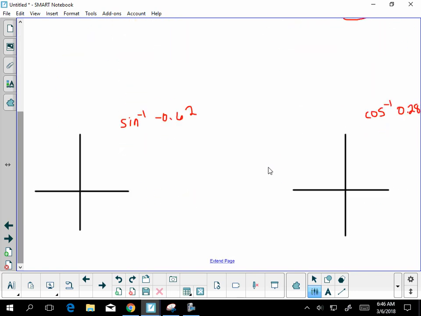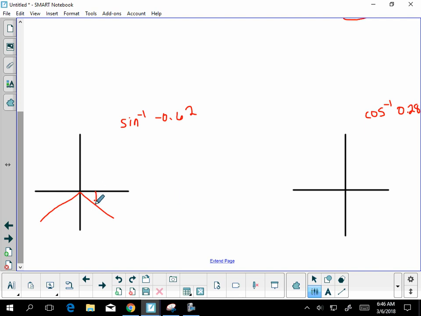All right, this one is a negative sine. That means my y's are going to be negative, so it's going to be in those two quadrants. So just hit second sine negative 0.62, and I get negative 0.6687.